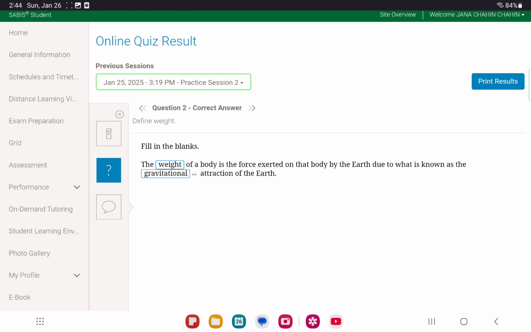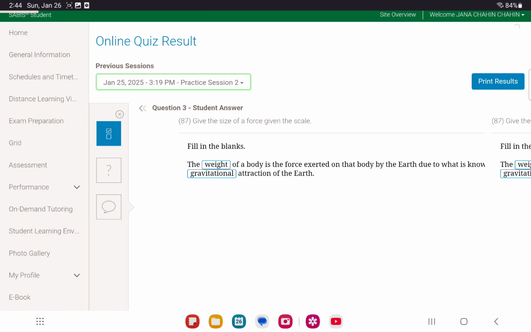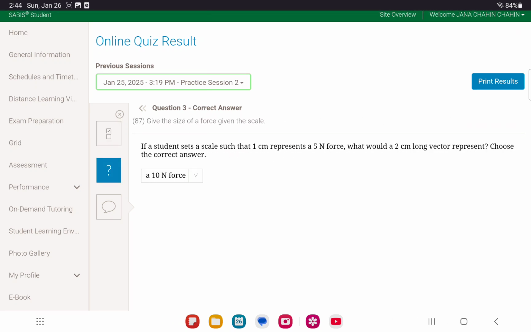Okay. In this question, it's also common sense. You have 1 equals 5, and then 2. From 1 to 2, you double it, so you also have to double the outcome. So 10. And that's it for 3.3.